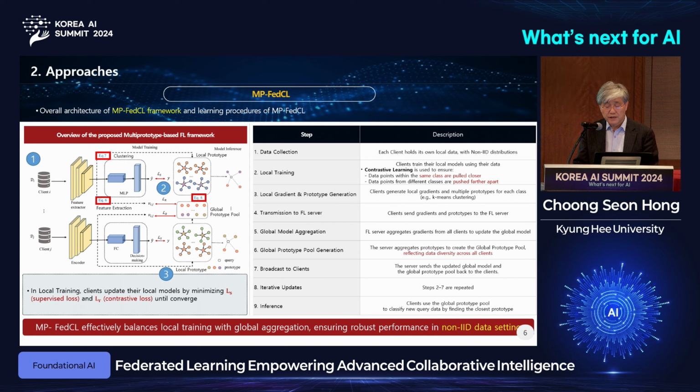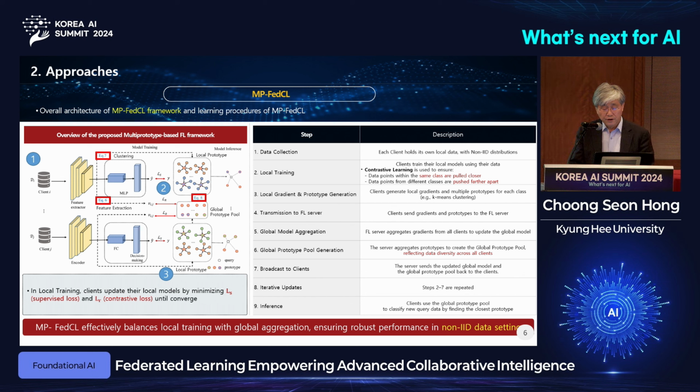The server then aggregates these updates to refine the global model and build a global prototype pool, which captures the diversity of data across all clients. The updated model and prototypes are sent back to the clients and the process continues in cycles.